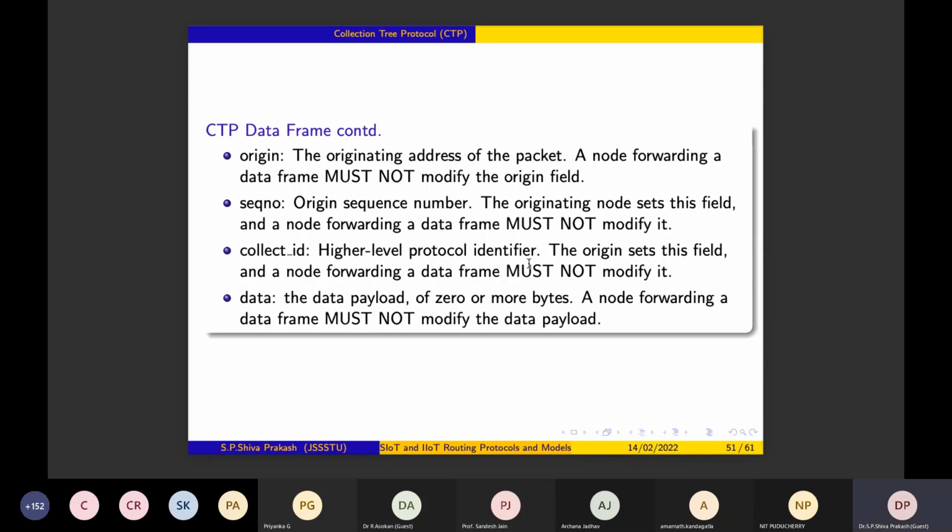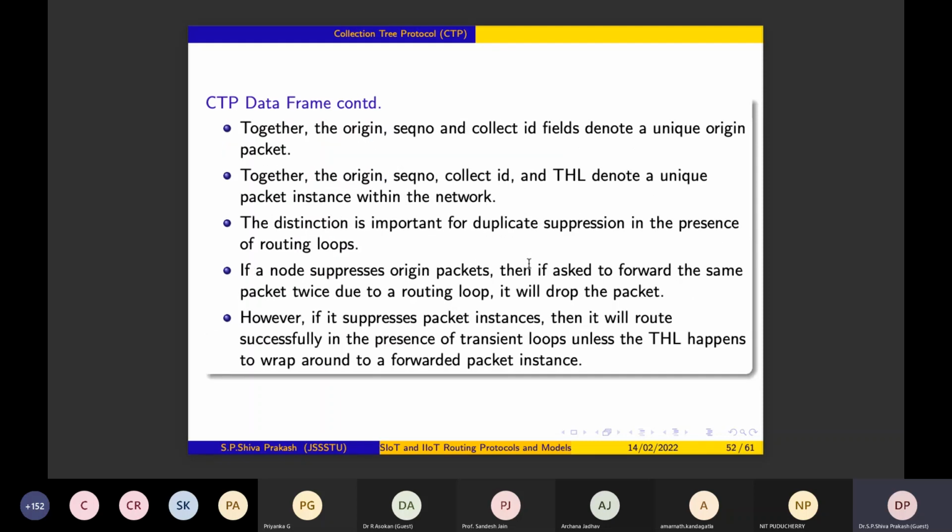The collect ID field is a higher level protocol identifier; again the origin sets this field, and a forwarding node must not modify it. And the actual data, the data payload of 0 or more bytes, must not be modified by a forwarding node.